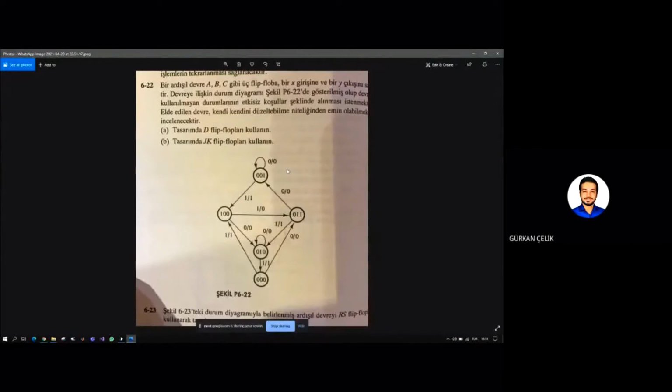Okay, so here you see the state diagram of a counter, and from this diagram you need to design a circuit with D flip-flops and JK flip-flops.